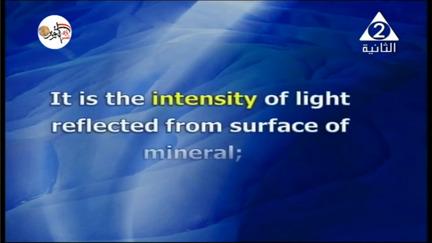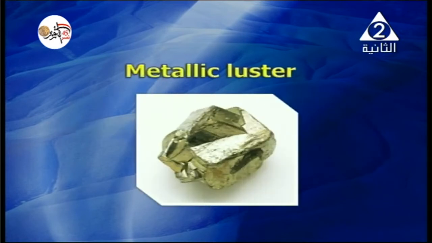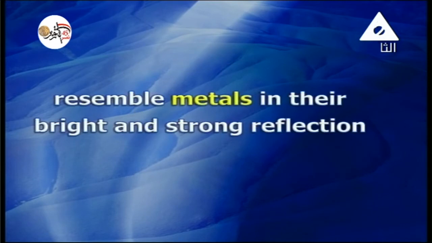For luster, it is the intensity of light reflected from the surface of the mineral. And we can classify the mineral according to their luster into metallic luster, and most of the metallic minerals have this type of luster, resembling metals in their bright and strong reflection.